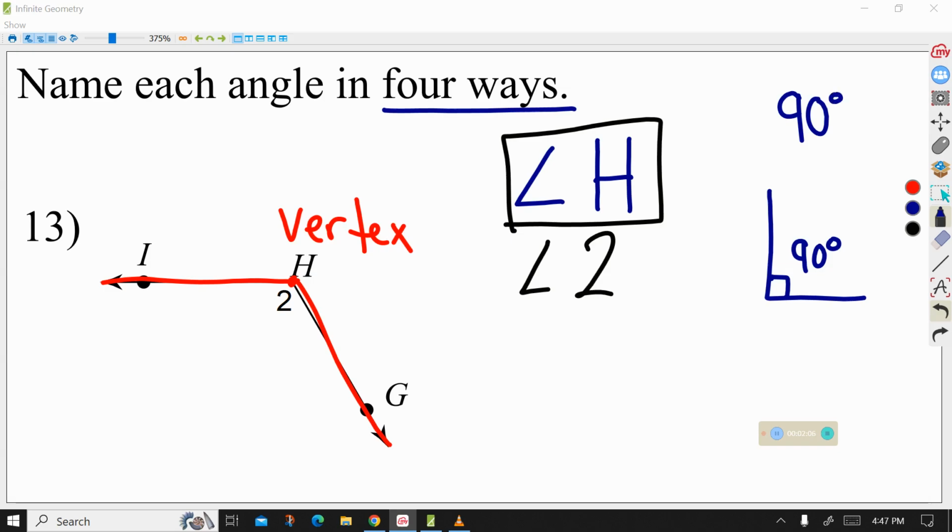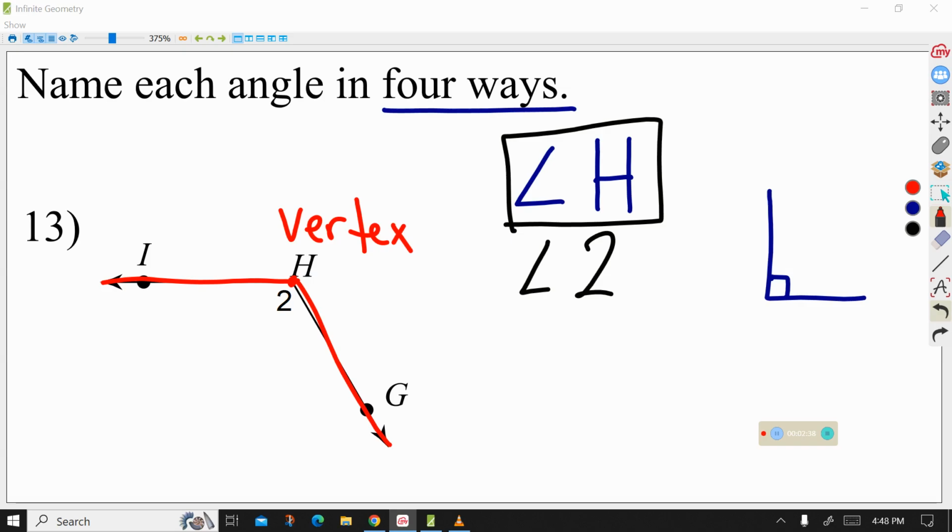If that symbol is not there, sometimes from the context it's clear that we're talking about degrees anyway. But in a case like this, we're referring to this angle as angle number 2. Notice that there is not a degree symbol in this case. That's one way that the worksheets will refer to an angle, so we could call that angle number 2.